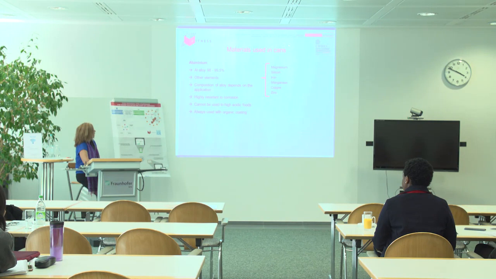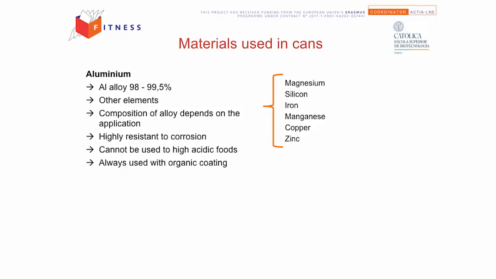For these cans, it's typically high purity, 98 to 95. And the other components that are important are magnesium, silicium, iron, manganese, copper, and zinc, to provide different properties that are important for the can.